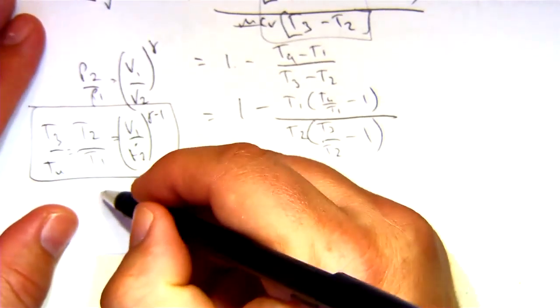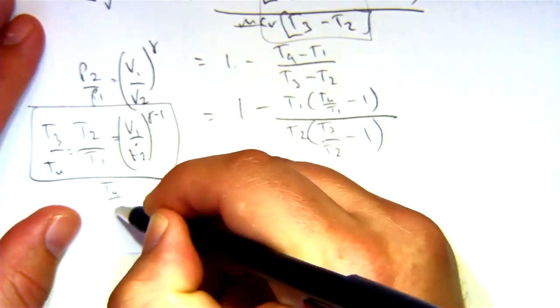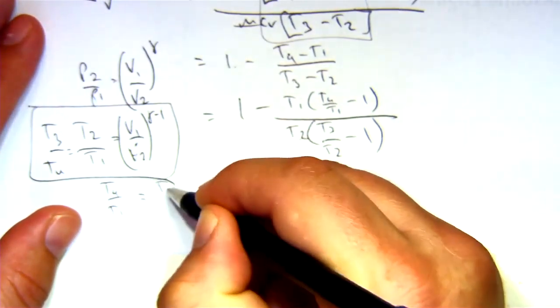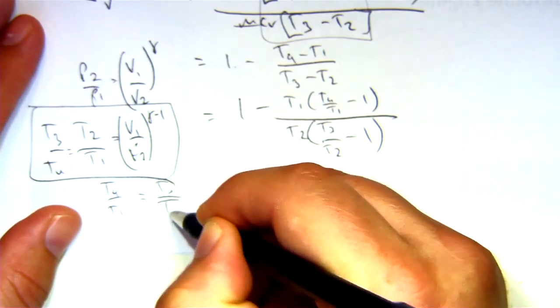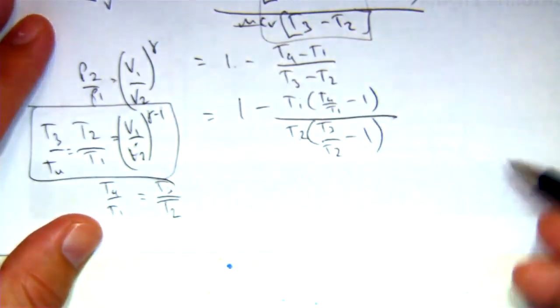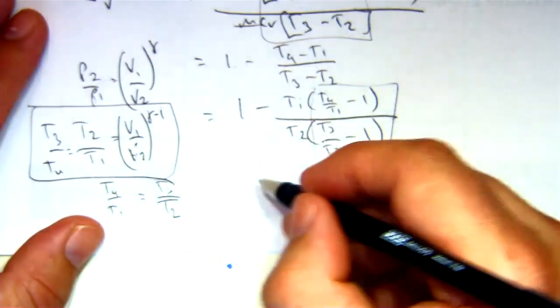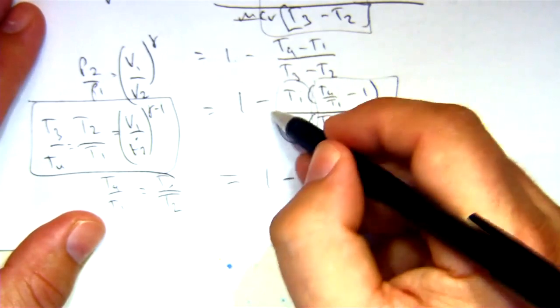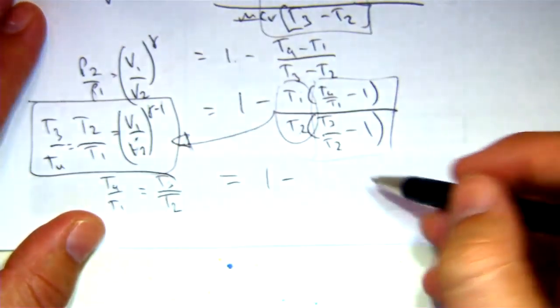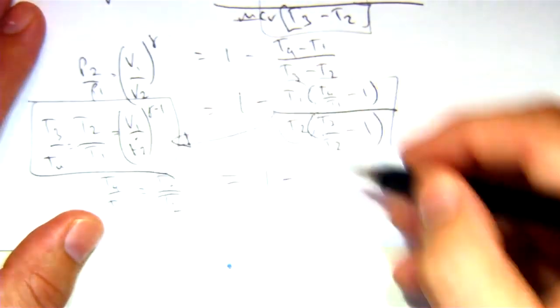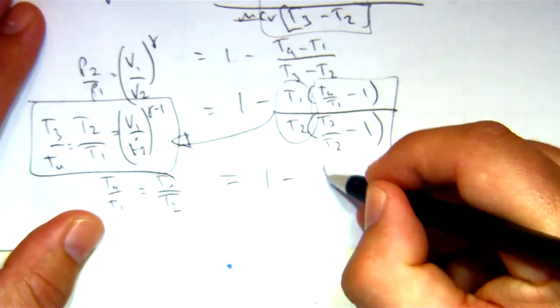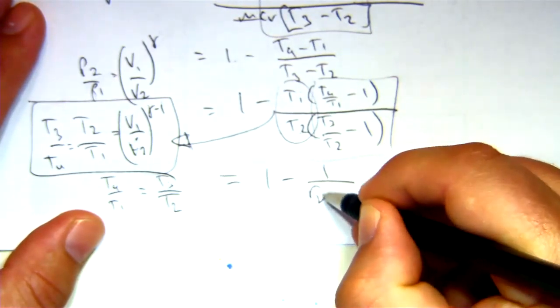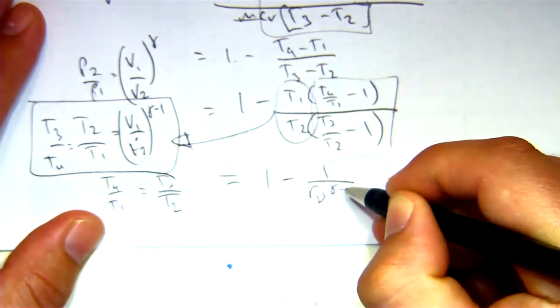What I've got, T4 on T1 equals T3 on T2. As a result, this term vanishes, which means that my efficiency becomes 1 minus this guy. So what we're substituting here, if this is r_V, then what I've got is 1 over r_V to the gamma minus 1.